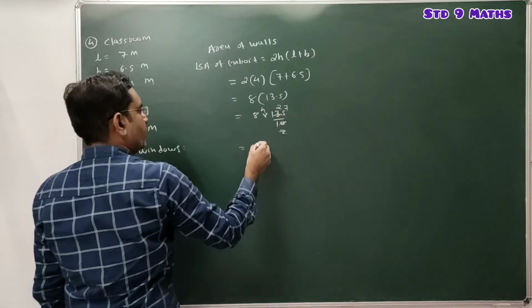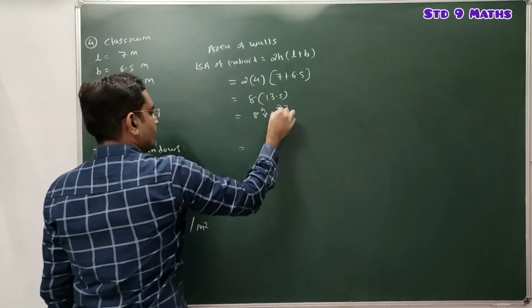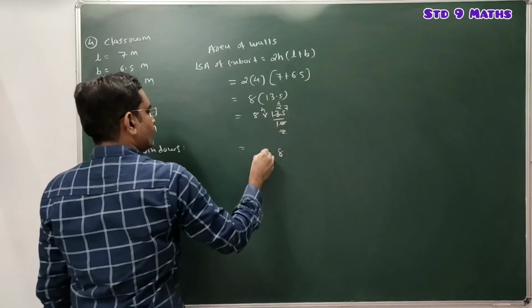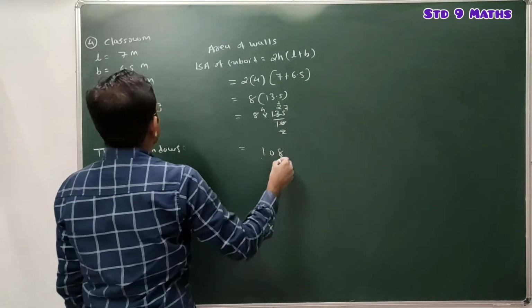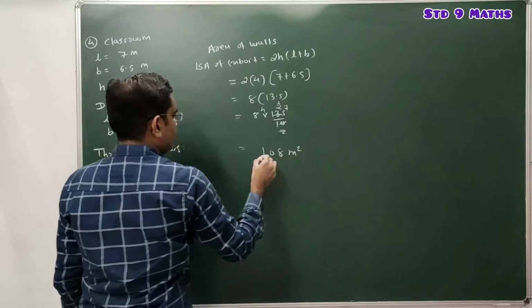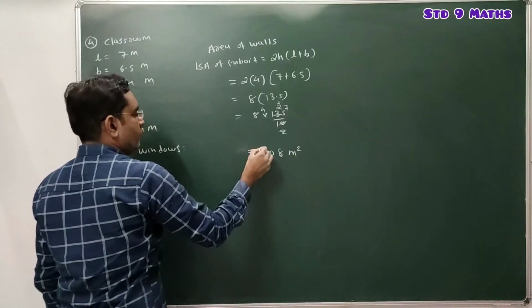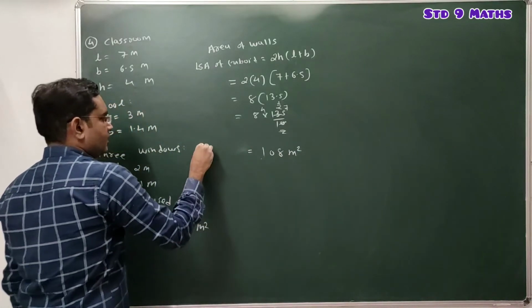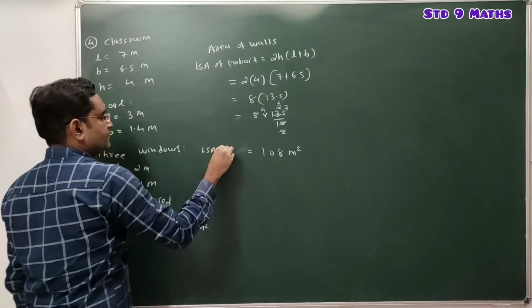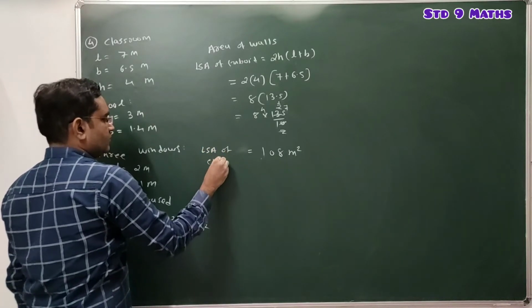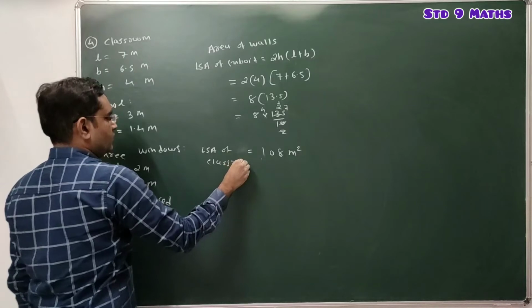So this is equal to 27 4s are, 4 7s are 28, 4 2s are 8, and 10. 108 meter square is the total area of wall. Done.